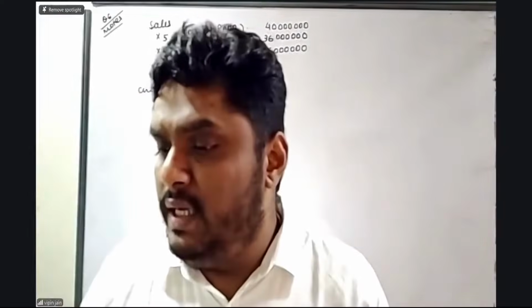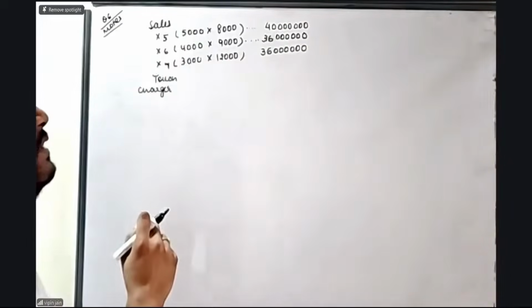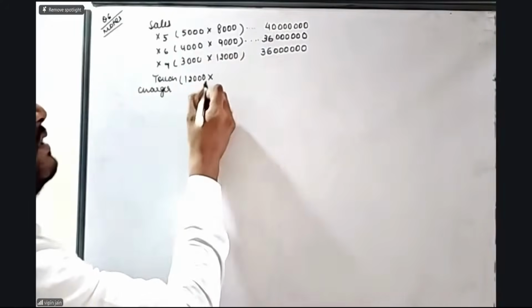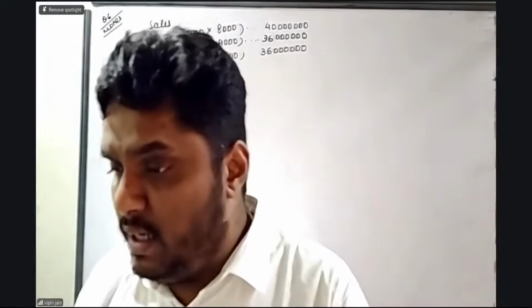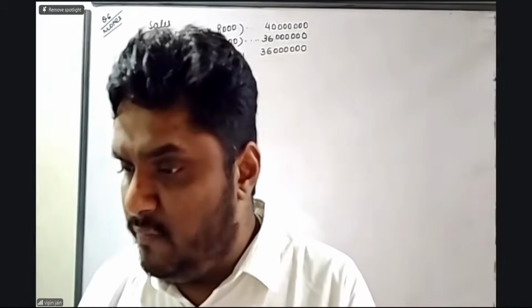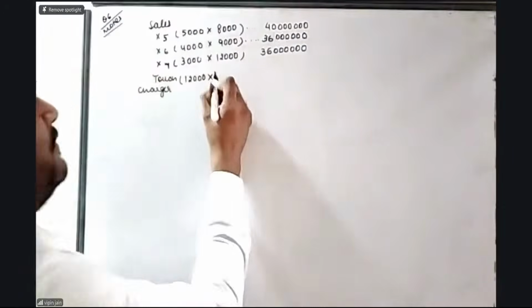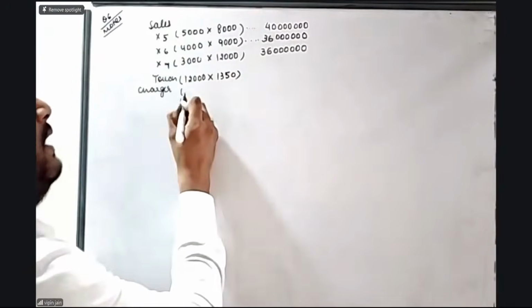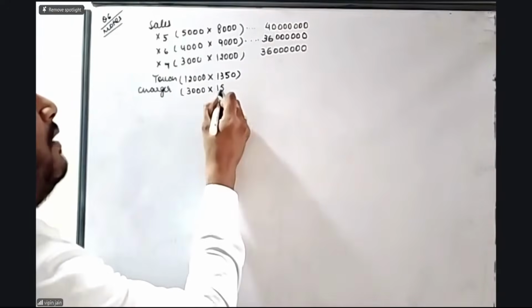Now, talking about the touchpad charger, the number of mobiles sold are 5,000, 4,000 and 3,000, that is 12,000. So for 12,000 pieces, they will be offering a 10% discount. The discount amount will be 10% of the selling price, so they will be sold at 1,350. And the remaining 3,000 pieces will be sold at MRP.